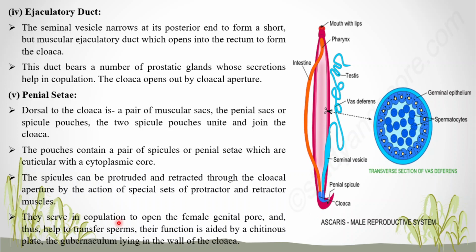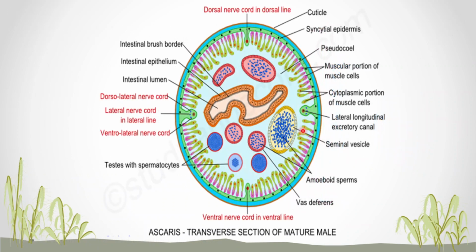They serve in copulation to open the female genital pore and thus help to transfer sperms. Their function is aided by the chitinous plate and gubernaculum lying in the wall of the cloaca. This is all about the penial setae and cloacal aperture.